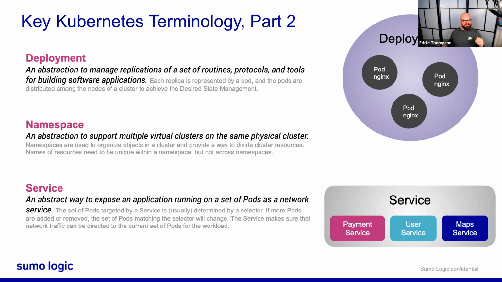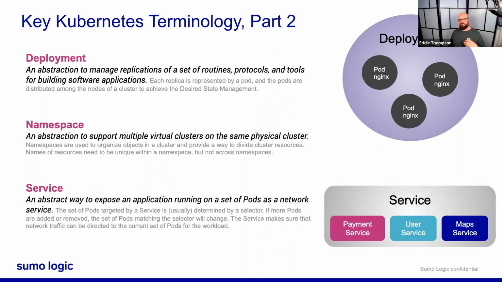And finally, the last piece of key terminology I have for you is a service. And this is the really important one, because the service is what exposes the running application you have as a network service to your network or the internet or the broader world.